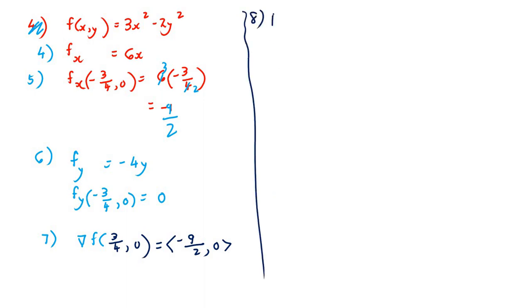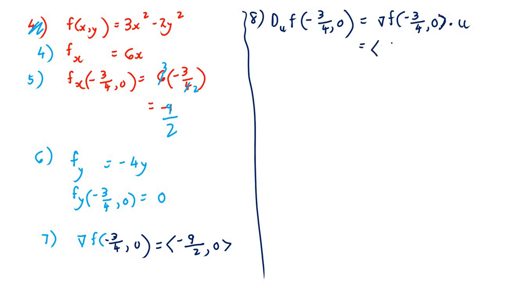Number 8, the directional derivative Du f at (-3/4, 0) is the gradient vector at that point dotted with the unit vector.